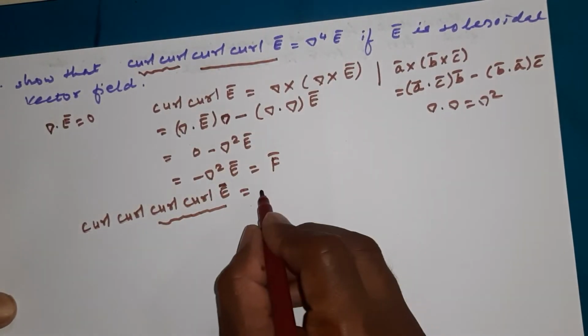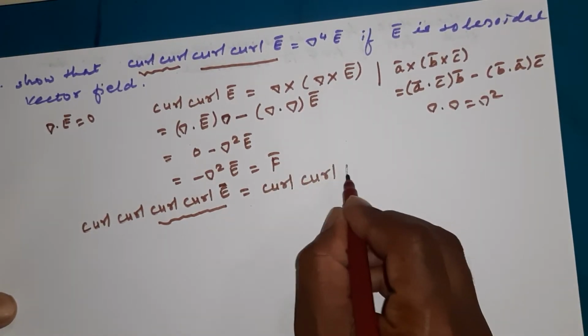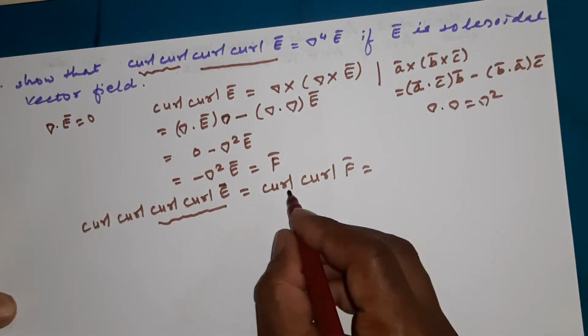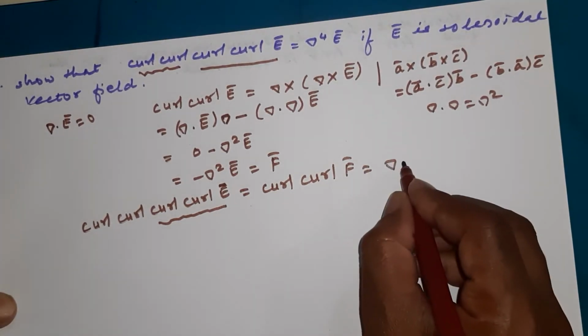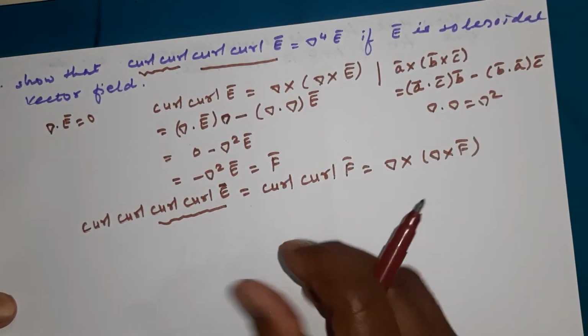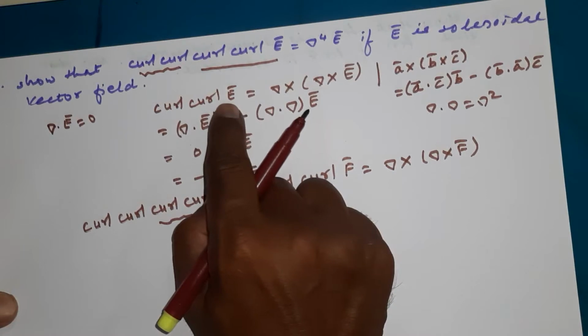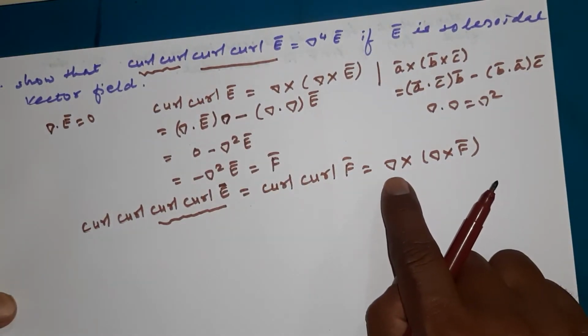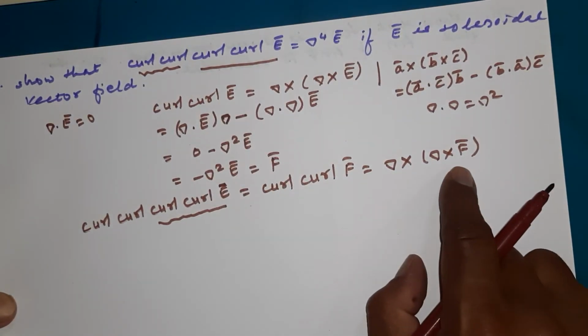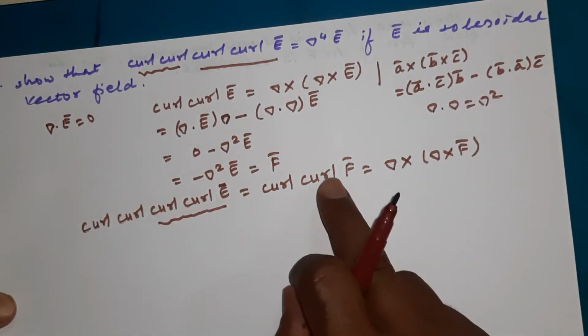F bar. So here curl F bar, and curl means del cross, again del cross F bar. If you have understood the first step here, curl of E bar, then you can easily write down here del cross F bar. That is curl of F bar. Instead of E bar, you have to write F bar only.